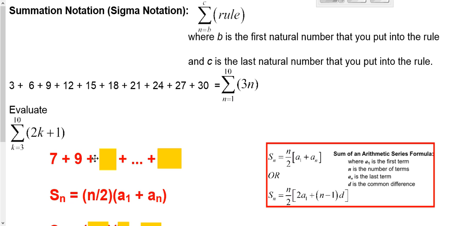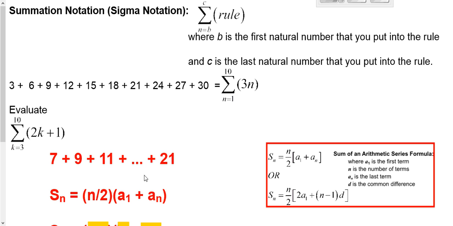Plug in the next number up from 4, which is 5. Plug in 5 to your rule, you get 11. And you can keep doing that and list them all out if you wanted until you plug in 10. Plug in 10 here, 2 times 10 plus 1 is 21. Now, the top number is not necessarily how many terms you have, it's the last number you plug in.